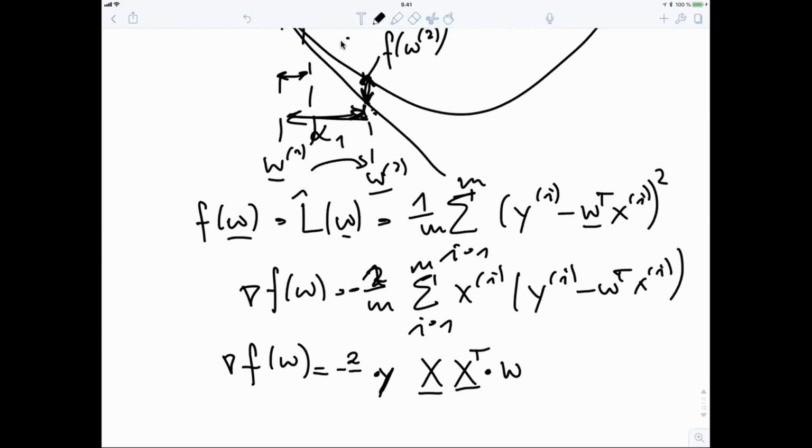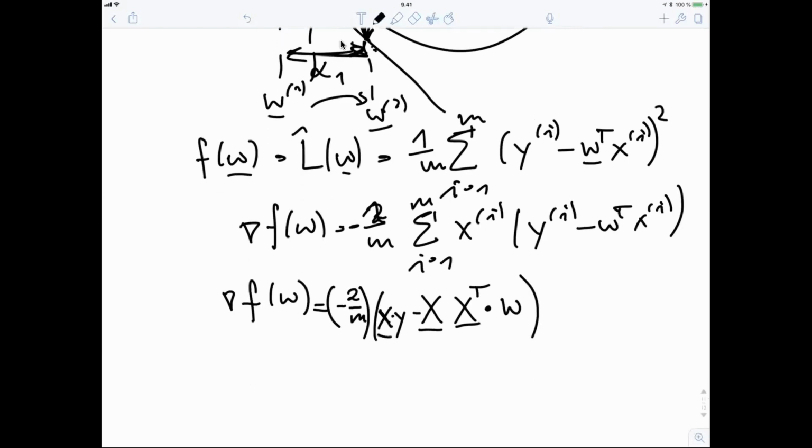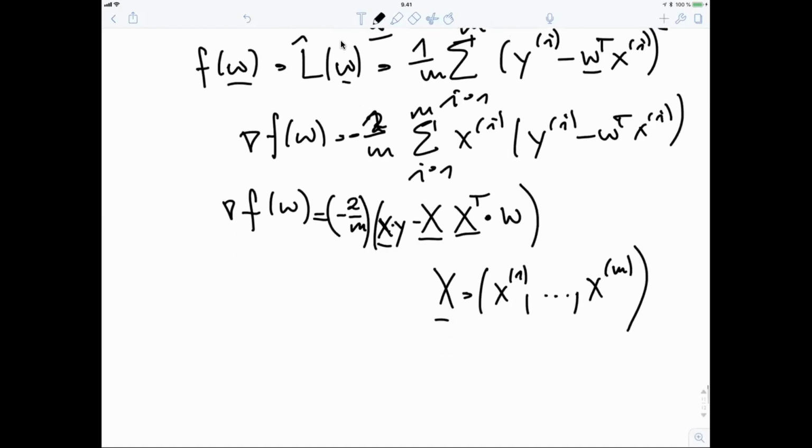This feature matrix X is obtained by stacking the feature vectors of the individual data points into the columns of a matrix. So this is called a feature matrix.